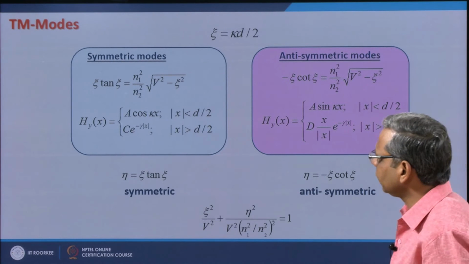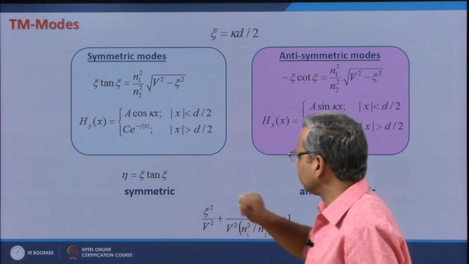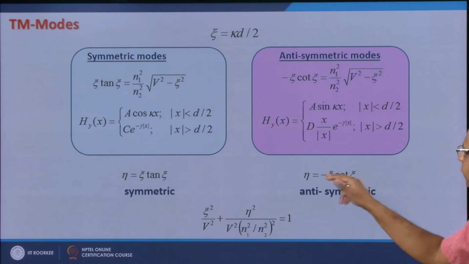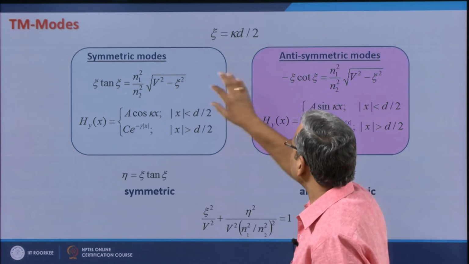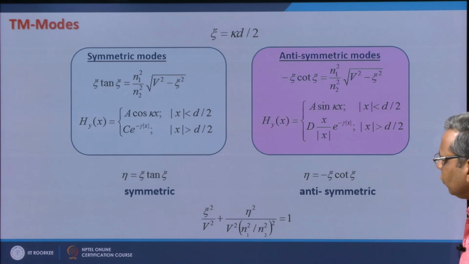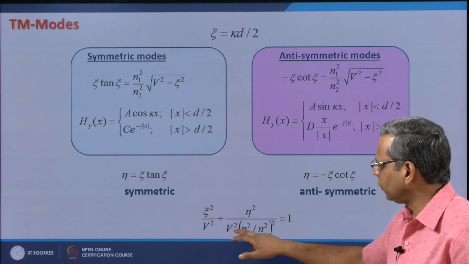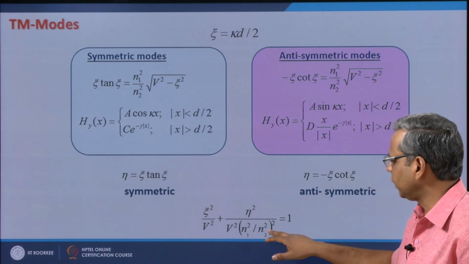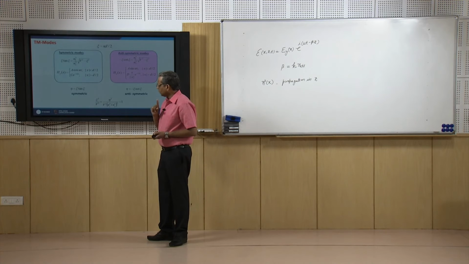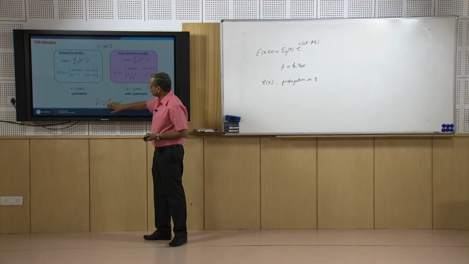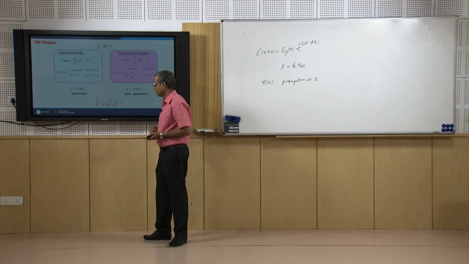So, for symmetric mode I will have eta is equal to xi tan xi, and for anti-symmetric case I will have eta is equal to minus xi cot xi, and from the right hand side I will get xi square over v square plus eta square over v square times n1 square over n2 square whole square is equal to 1. In the case of TE modes, this factor was not there and I had the circles here, xi square plus eta square is equal to v square.